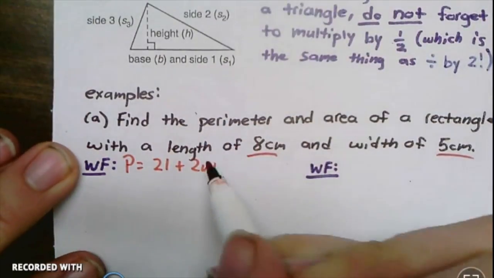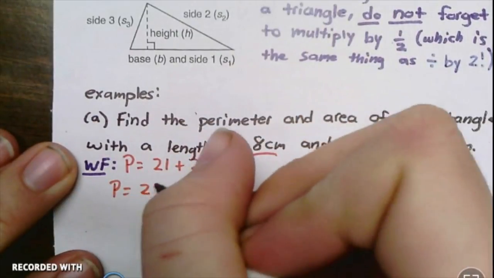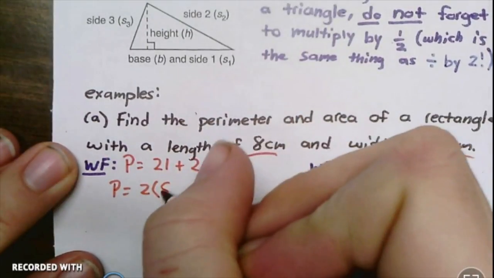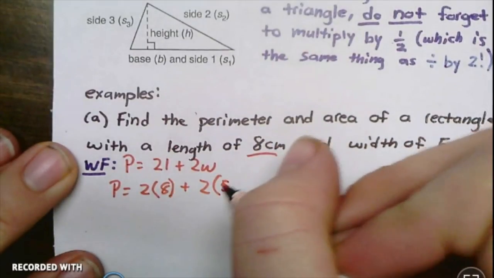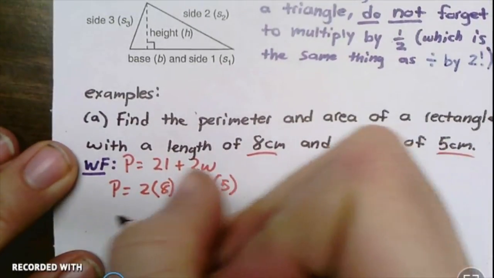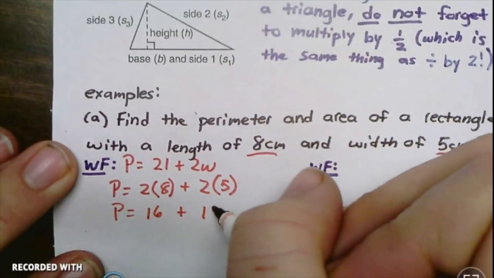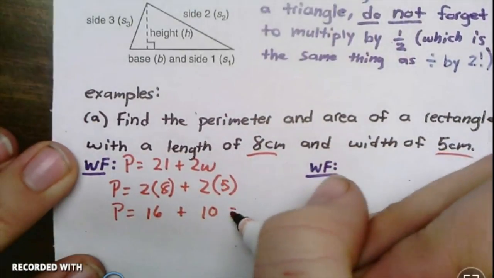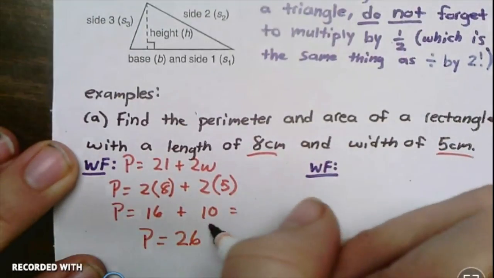Now I'm going to plug in my numbers for length and width. So I've got P equals 2 times the length, which is 8, plus 2 times the width, which is 5. I need to multiply before I add. So I've got P equals 16 plus 10, which means that P equals 26.